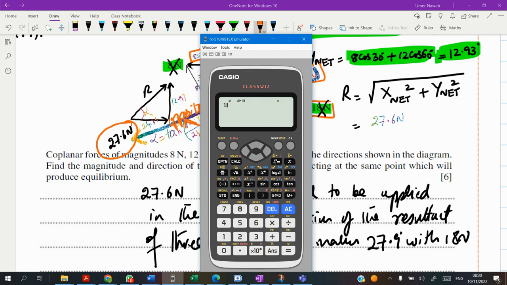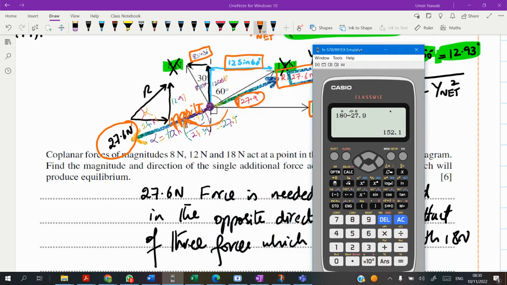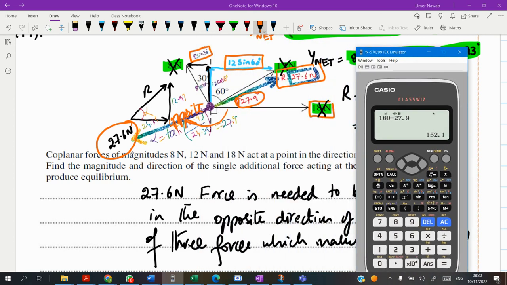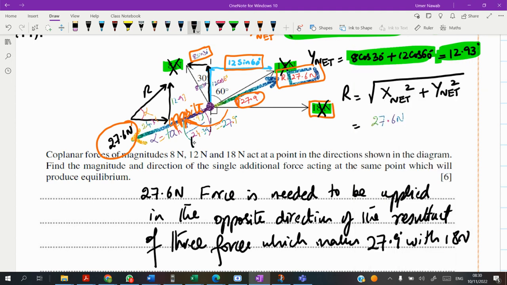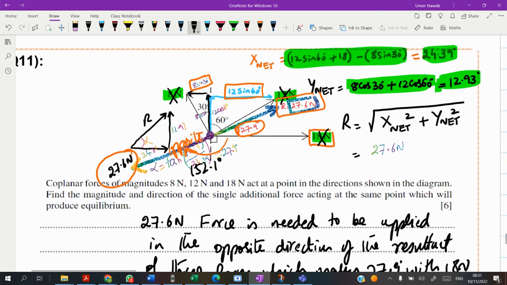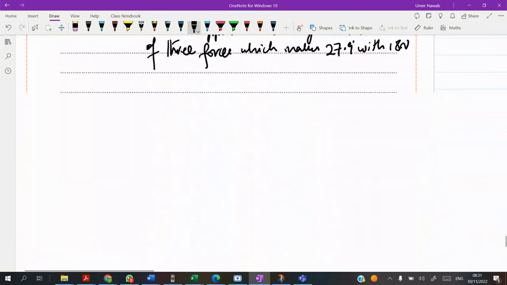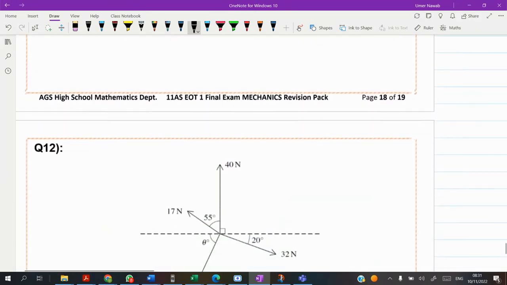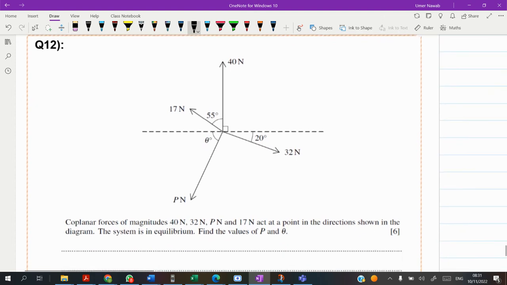Let me show you. 180 minus 27.9. So you will say that the resultant should make 152.1 degrees clockwise with 18 Newton. Then the system will be in equilibrium. This is up to you guys to mention what is required according to the question.